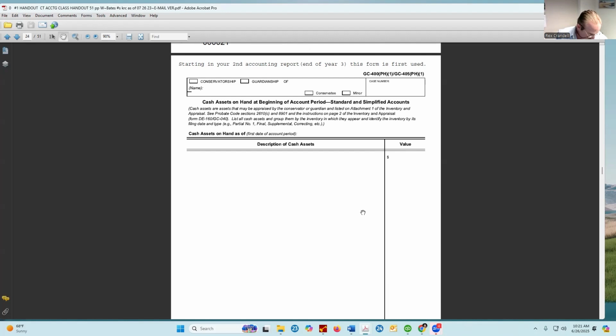And then the annual accounting comes about after the end of the first year and then every odd year thereafter. So what that means is probate requires it after year 1, 3, 5, and year 7 for long-term administrative trusts or estates.